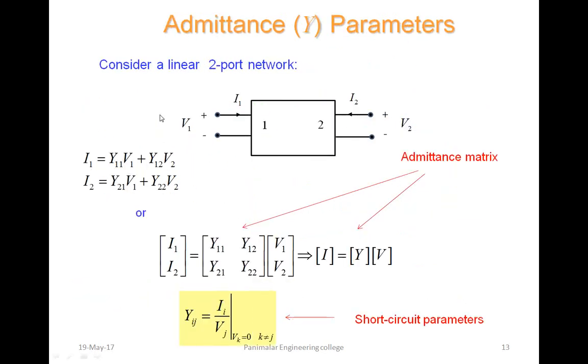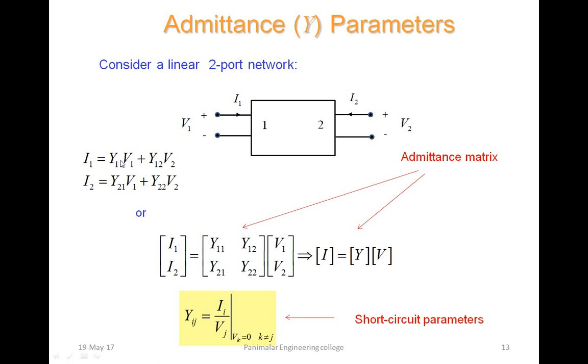Okay. Now considering a two-port network for admittance parameter. Admittance parameter is a complete inverse to impedance parameter. Admittance is generally represented as Y. Now here we will be finding the currents 1 and 2 at the respective ports by taking the product of admittance and voltage.